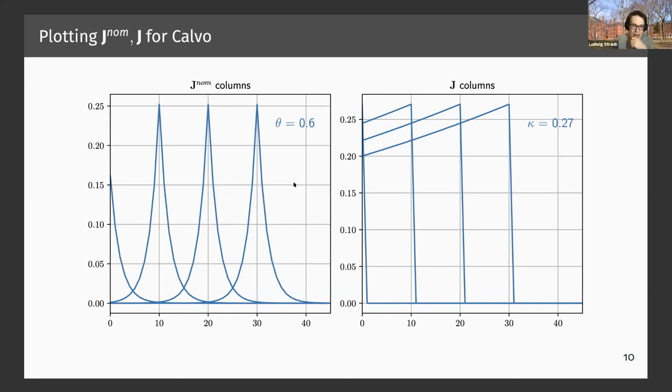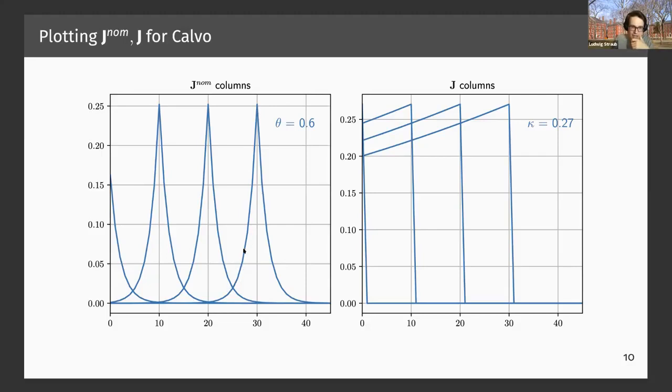On the left, you see the nominal Jacobians. I'm not going to have that much time to explain what's going on here, but basically, just to be brief, if you focus on this tent-shaped structure here that peaks around 30, this would be the price level response to a nominal wage change in period 30. Okay, and so why is this tent shape? Basically, what's going on here is that for a long time, price setters don't have to think about this shock because it's far in the future, and they expect to be able to set their prices again closer to the date.